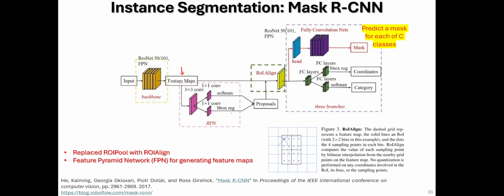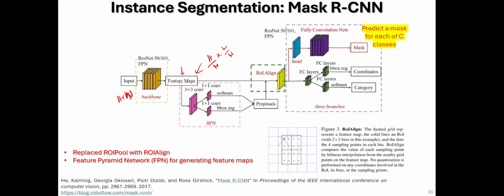Okay, so you assume that this is trained and you have the proposals here, and those proposals will be on each of these convolutional layers, which are not at the same resolution as your original image, right? So the image, let's say it is H cross W, and here you may have the feature maps at H by n cross W by n, some fraction, right? So it's not the same resolution as your original image.